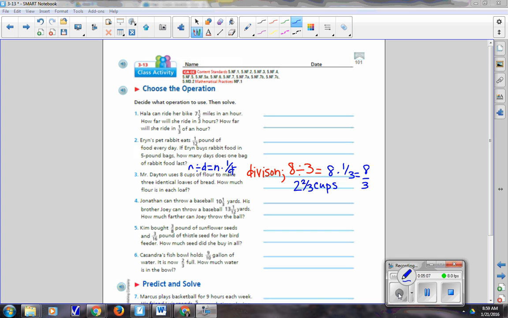Okay, let's do number 6. Cassandra's fishbowl holds 9/10 gallons of water. It is now 2/3 full. How much water is in the bowl? So this is definitely going to be multiplication.